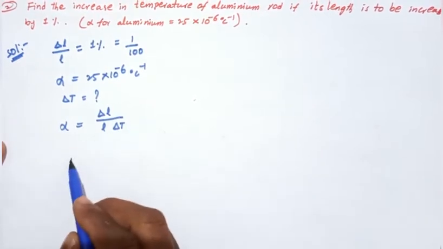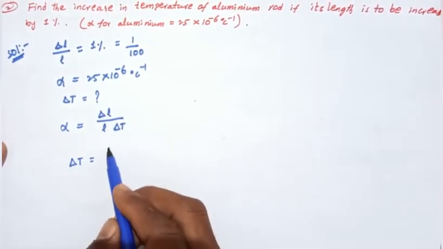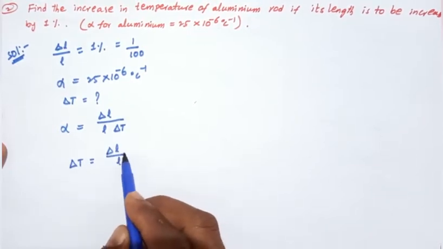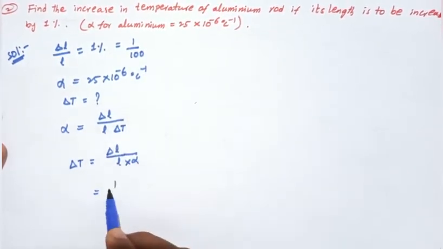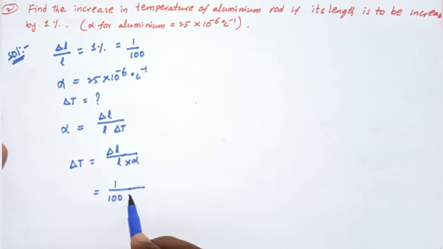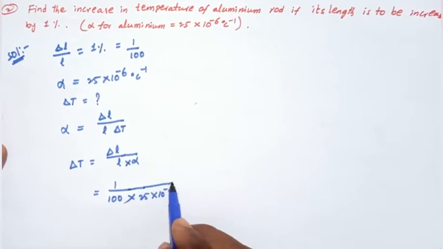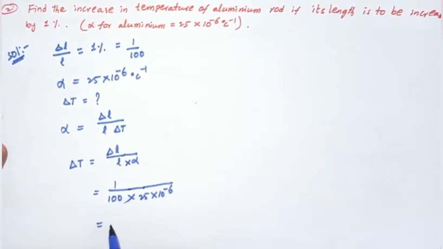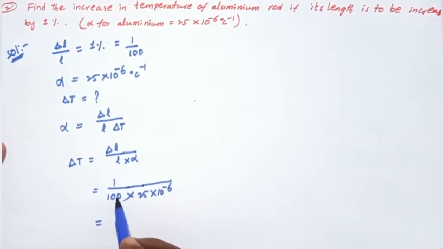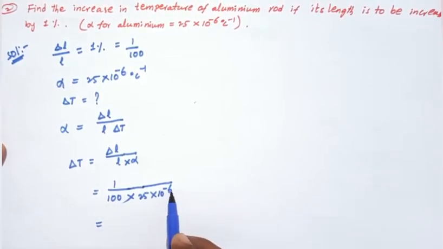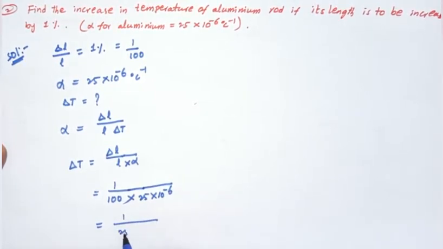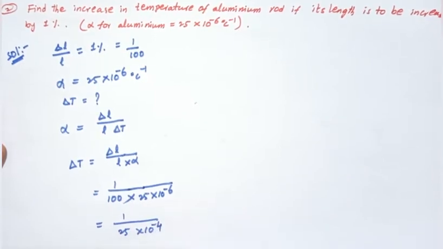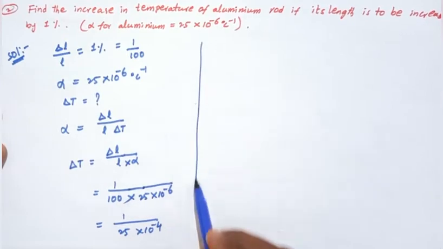So delta T equals delta L by L divided by alpha, where delta L by L equals 1 by 100 and alpha equals 25 into 10 to the power of minus 6. 100 equals 10 power 2, so 10 power 2 into 10 to the power of minus 6 equals 10 to the power of minus 4, so 1 by 25 into 10 to the power of minus 4.